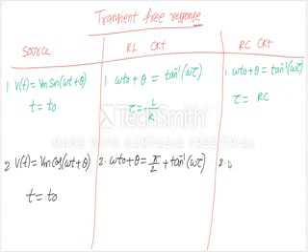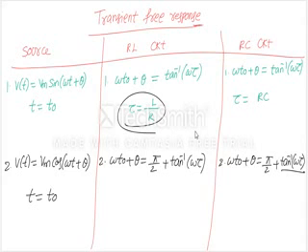Here the same thing, omega t naught plus theta is equal to pi by 2 plus tan inverse of omega tau, and for RC tau is RC, here tau is L by R. That's all. Like this we need to see.